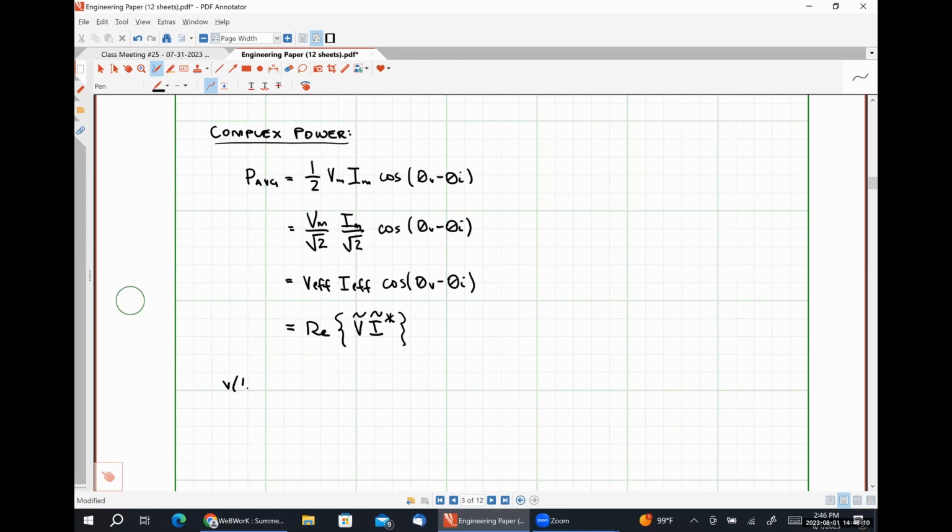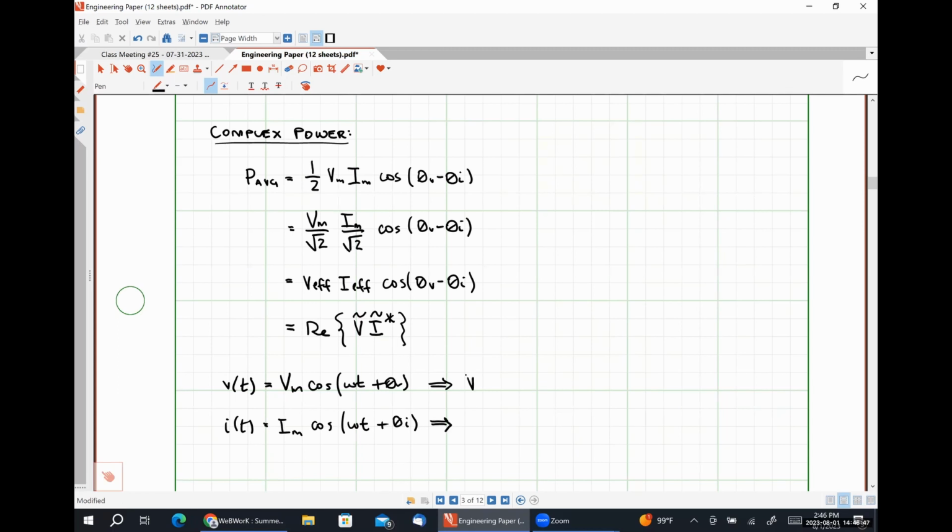So if we have a sinusoidal voltage signal of the form Vm cosine omega t plus theta V, and similarly, we had the current waveform of the form Im cosine omega t plus theta I. What would the frequency domain representation of these signals be?